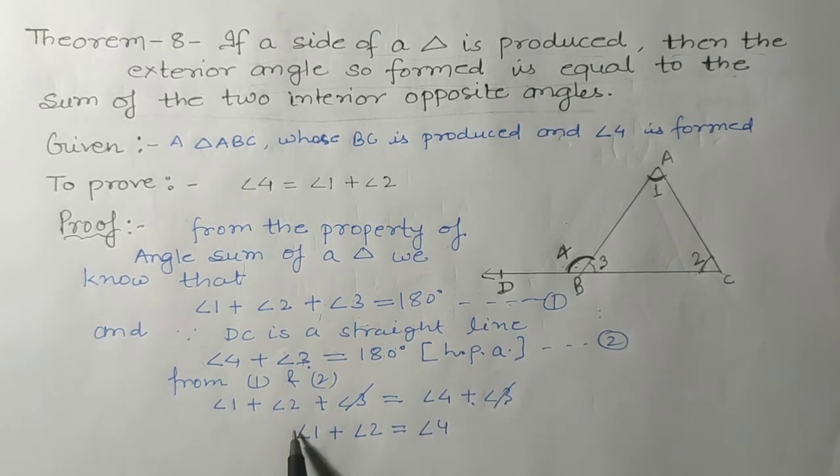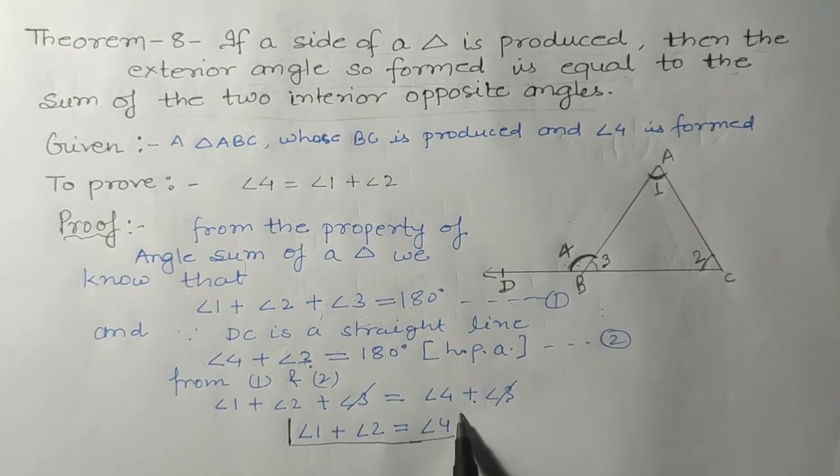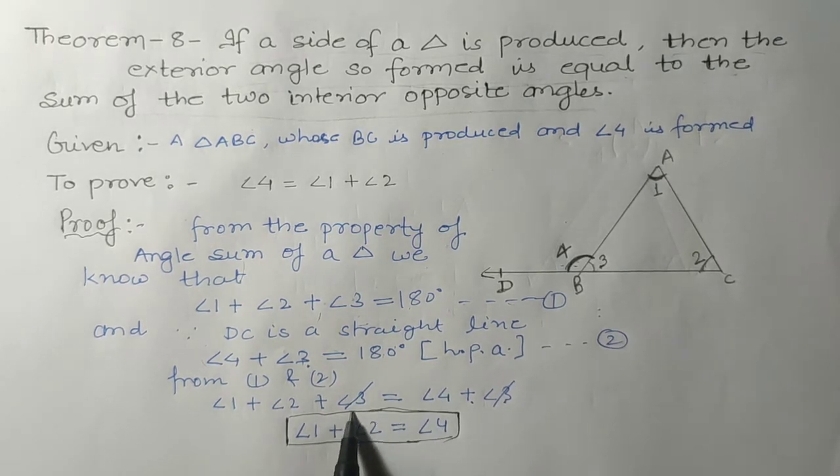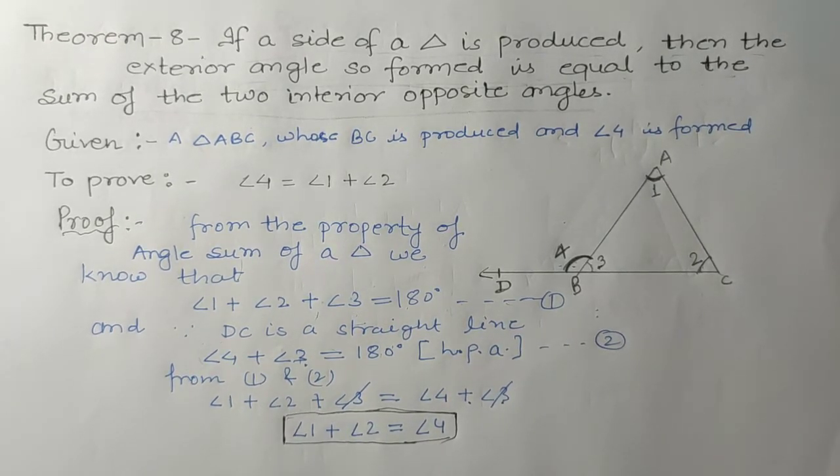So this is the theorem, and it is called the exterior angle property of a triangle. This theorem is known as the exterior angle property of a triangle. Okay, so like this we can easily prove it.